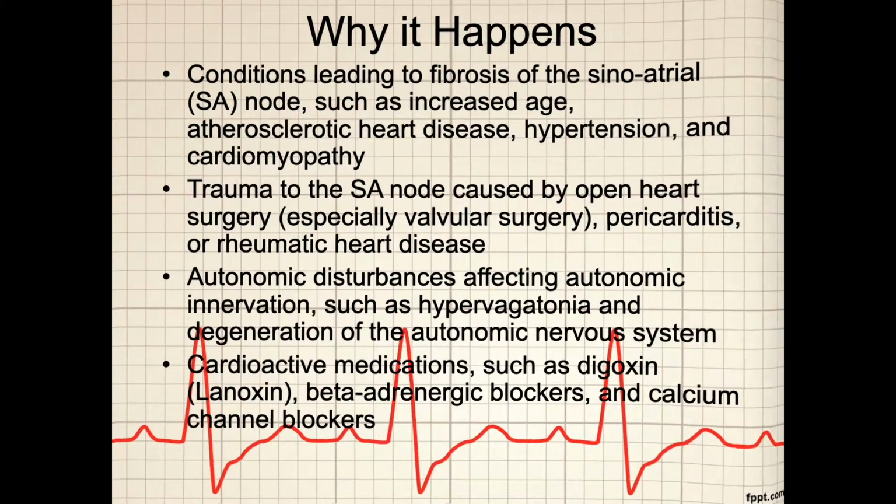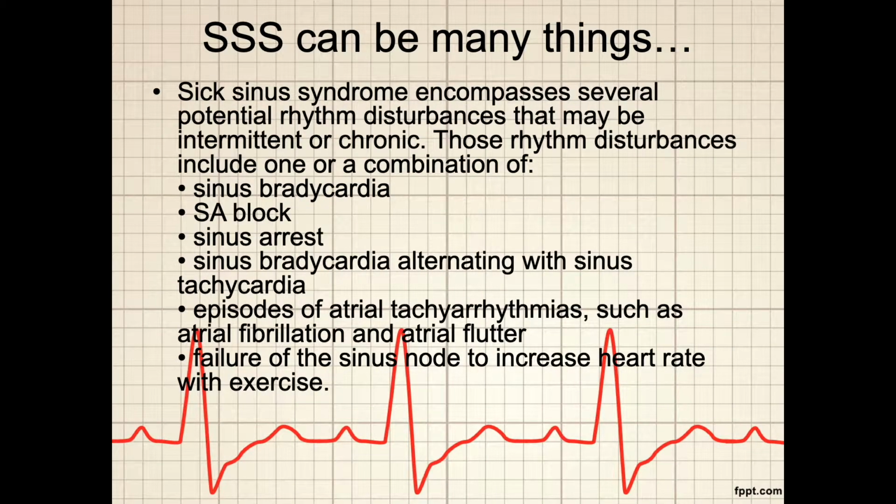Because of the vagueness of the diagnosis, sick sinus syndrome can actually be many different things. This is because sick sinus syndrome encompasses several potential rhythm disturbances that may be intermittent or chronic.